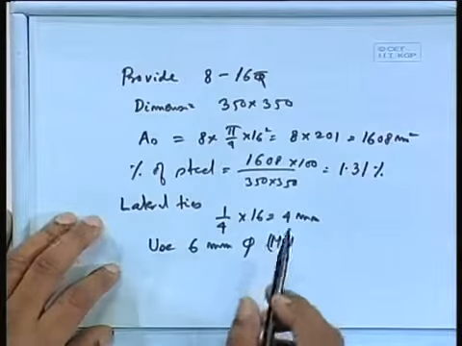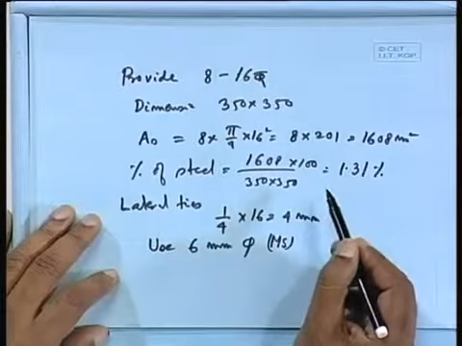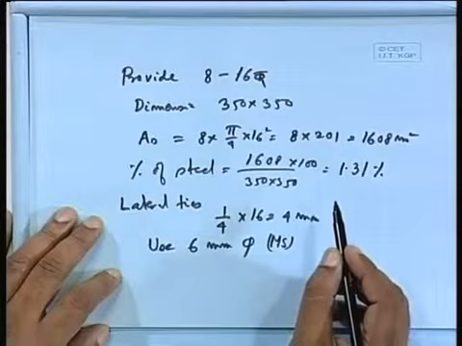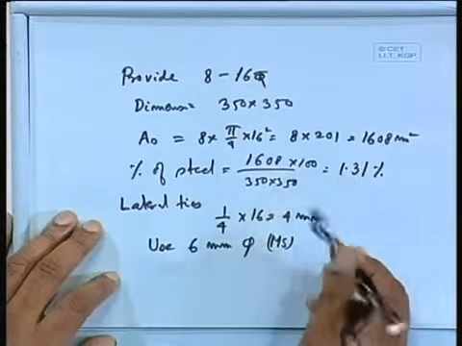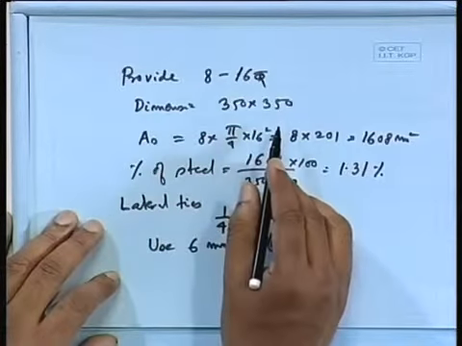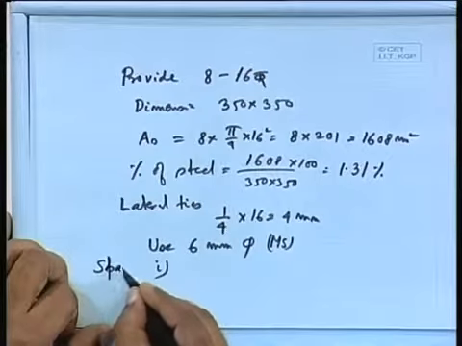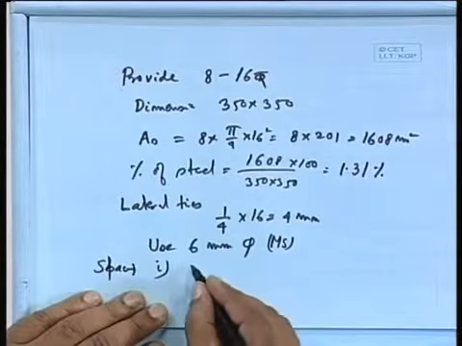What about the spacing? We have 3 different cases. Number 1, the least lateral dimension, which is here 350 millimeter.